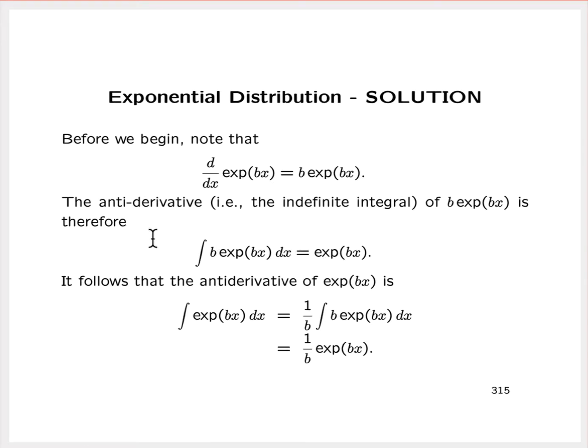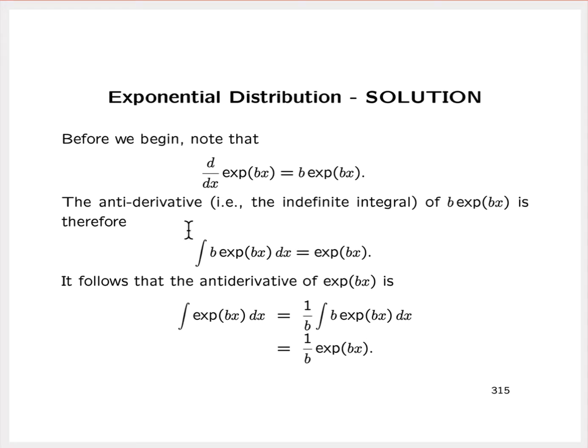And so the antiderivative of this function here, b times e to the bx, in other words, the indefinite integral of that function, is just the exponential function evaluated at b times x.